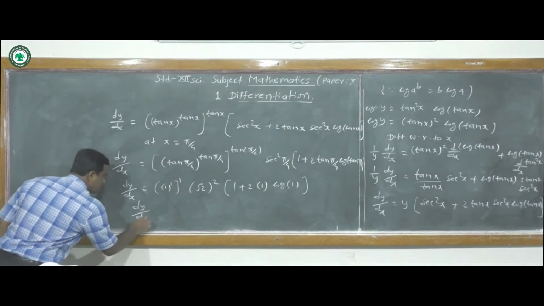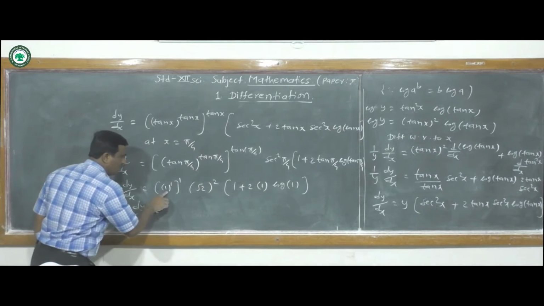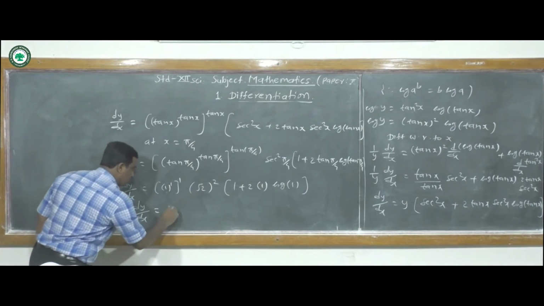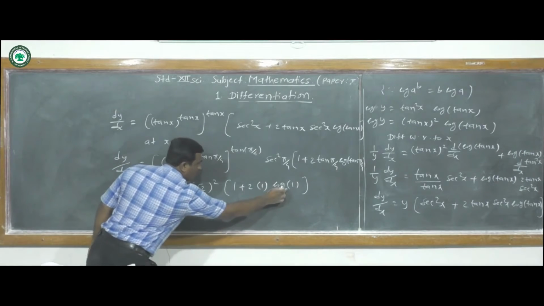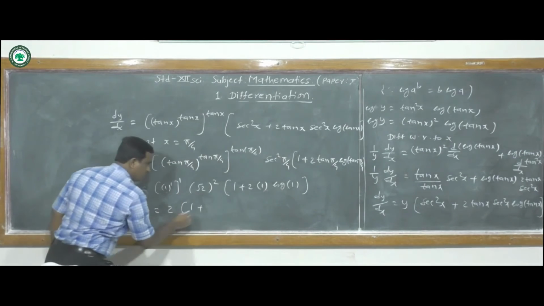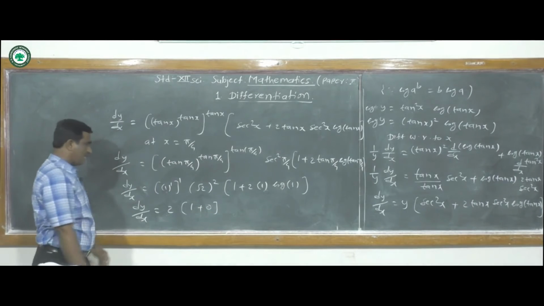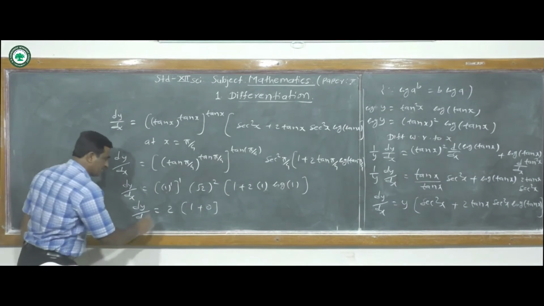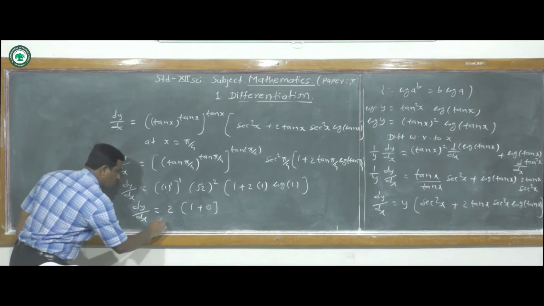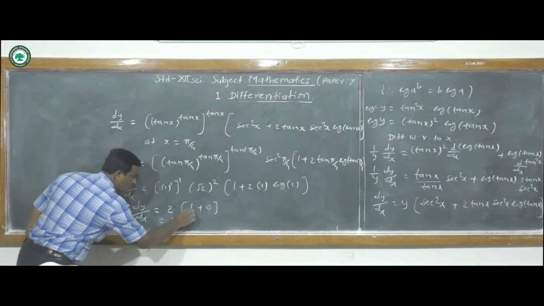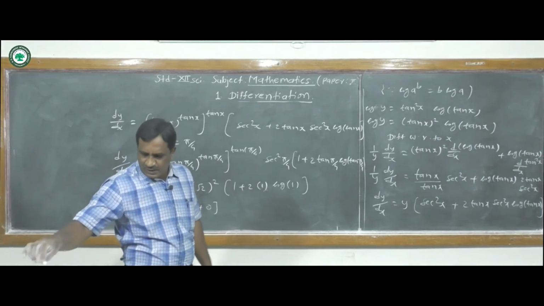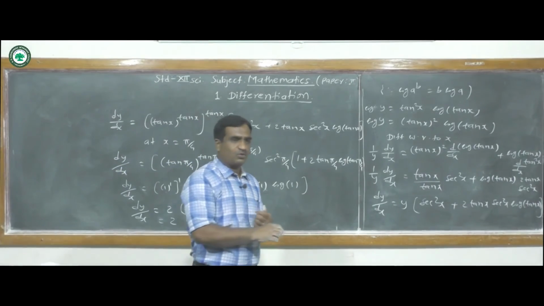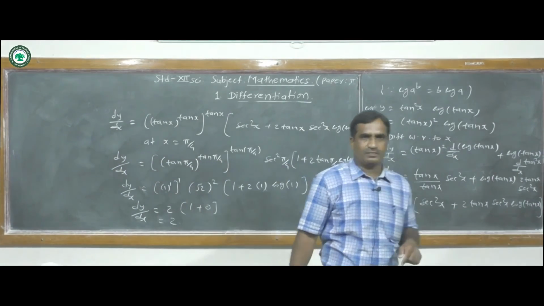Therefore dy by dx equals 1 into root 2 square, meaning 2, into here 1 plus log 1 which is 0. Therefore this term becomes 0. And dy by dx at x equal to pi by 4 is 2 into 1, that is 2.